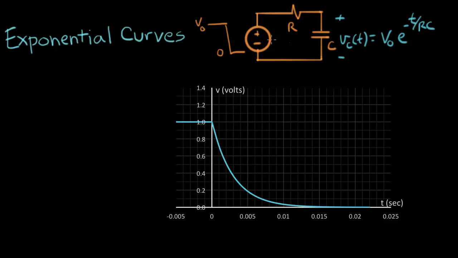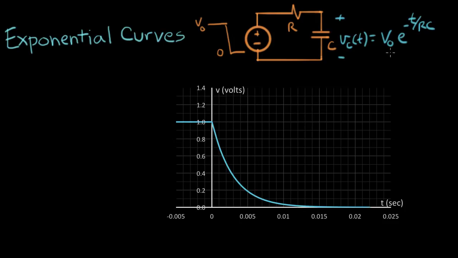This value V naught is the starting voltage that our input source provides, and then it immediately steps down to 0, and this circuit then does its natural response. We get a current coming out of this capacitor flowing around in a circle like this, and that's the natural response of this RC circuit.